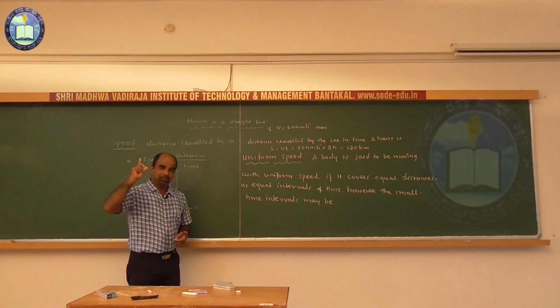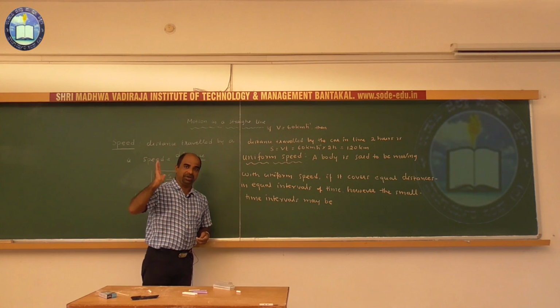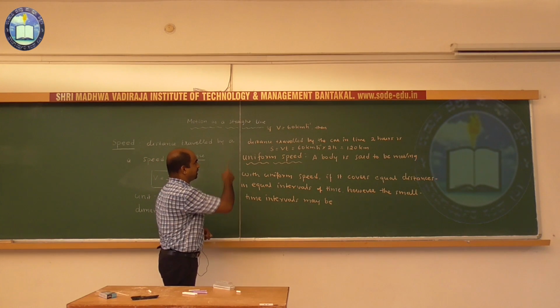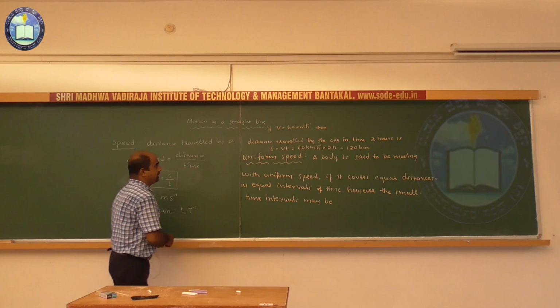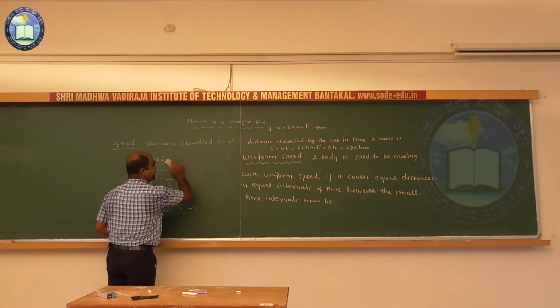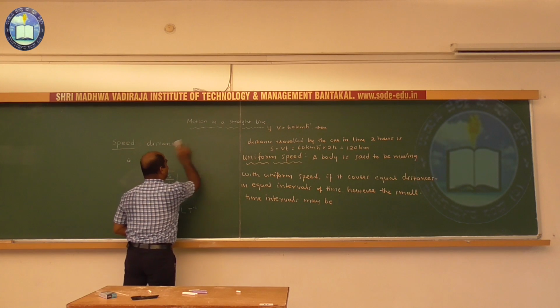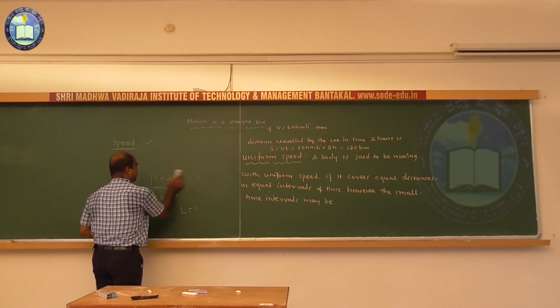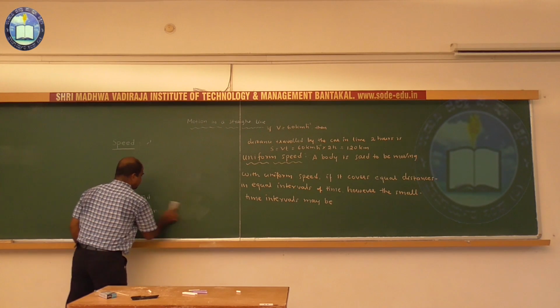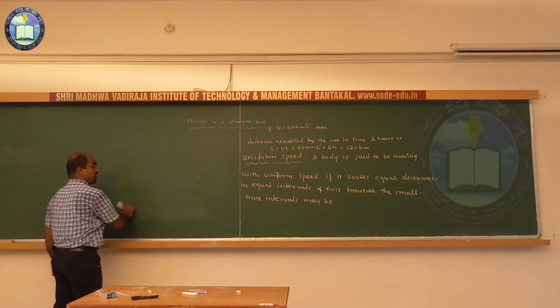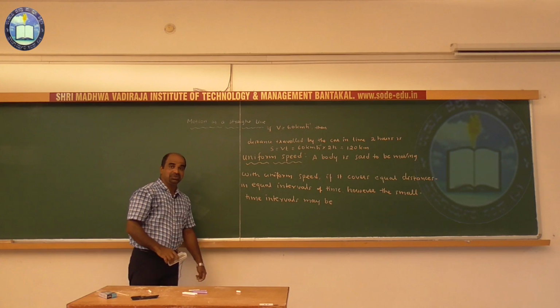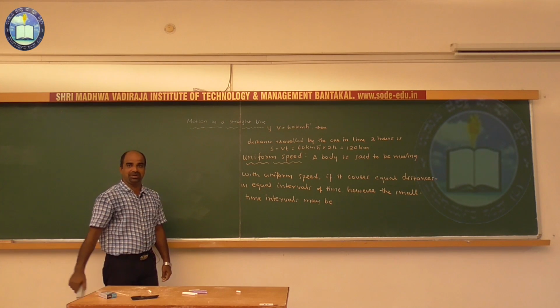If the speed of the car is 60 km per hour, the distance traveled by the car in time 2 hours is S is equal to V into T, by using the formula V is equal to S by T. So 60 km per hour into 2 hours, the distance traveled becomes 120 kilometers.